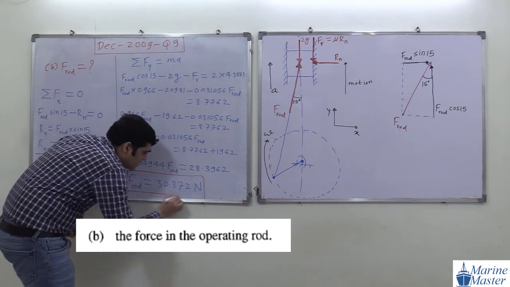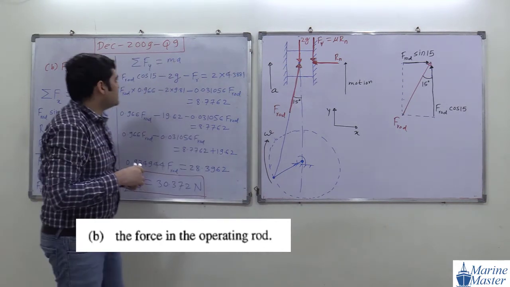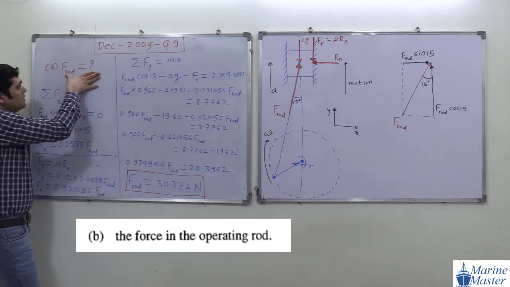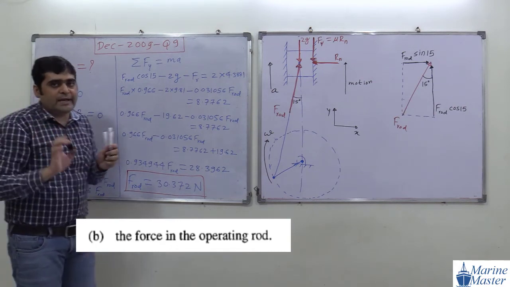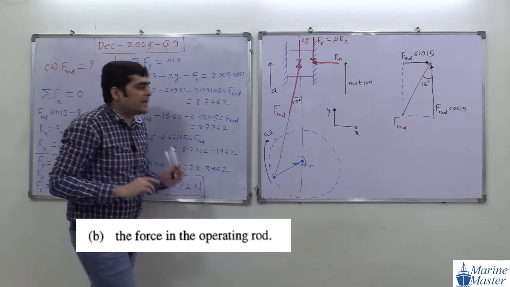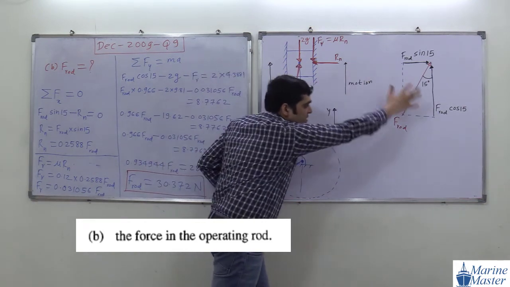Very, very simple discussion. Now, how we are going to write down the things? First of all, as usual, the target. Always in the beginning, write down the target, F rod. Then after the target, try to draw this bigger drawing, all these things on the board.